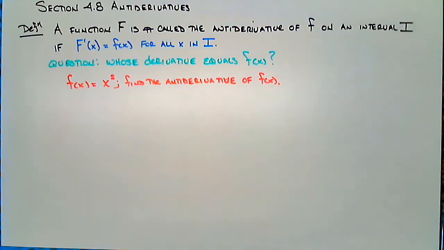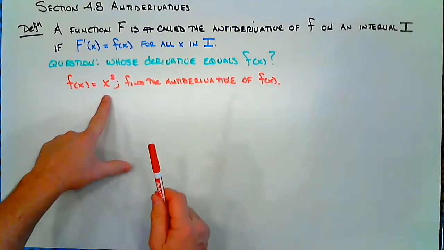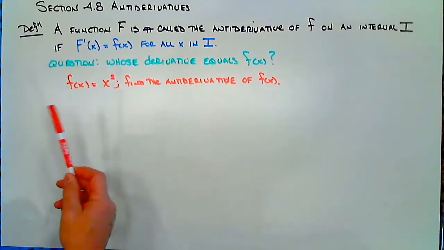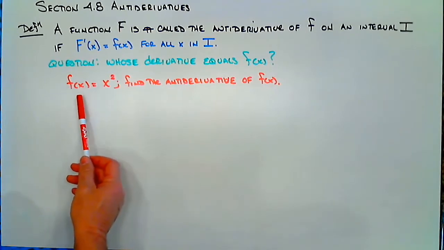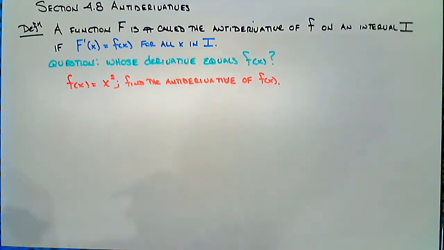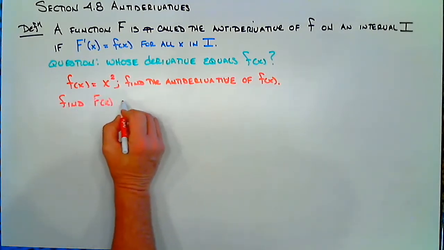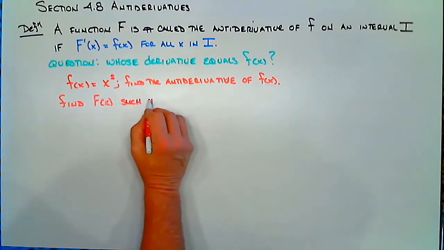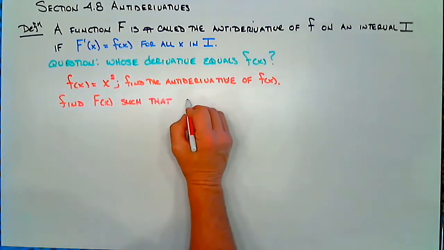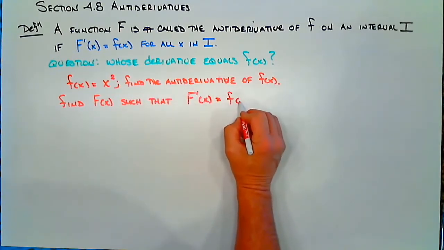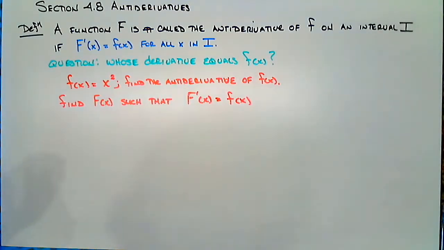What we're being asked to do is to find the function capital F of x. That's our symbol for the antiderivative in section 4.8. That'll change when we get to chapter 5. But in chapter 4, section 8, we're asked to find the function capital F of x such that the derivative of capital F of x is our f of x. So whose derivative equals x squared? That's what we're being asked to do.